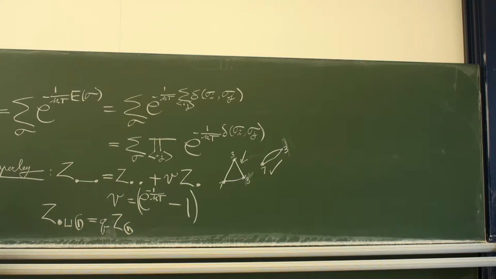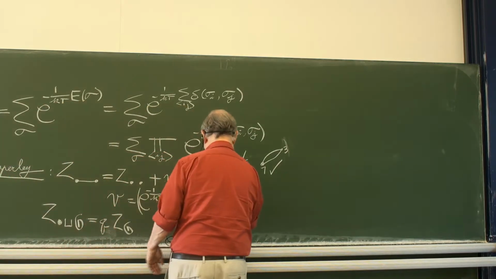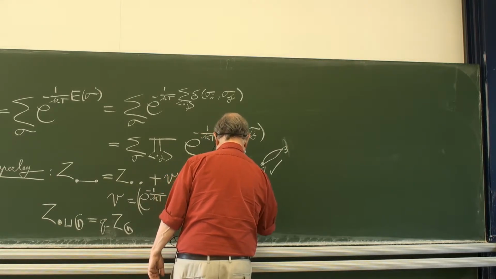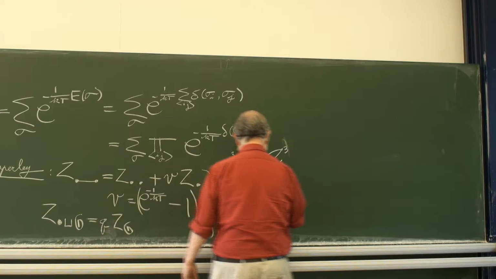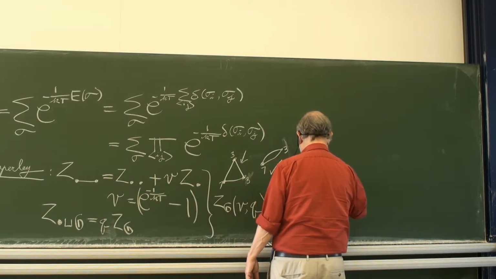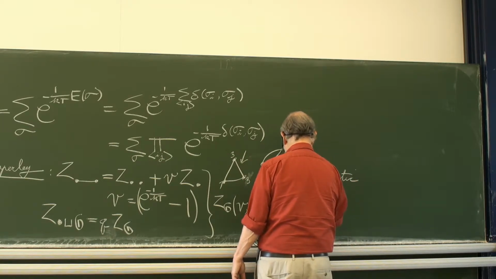And the formula lets you recursively calculate the partition function for the finite graph. And this polynomial, so you get this polynomial of the graph Z sub G of v and q, is called the dichromatic polynomial.